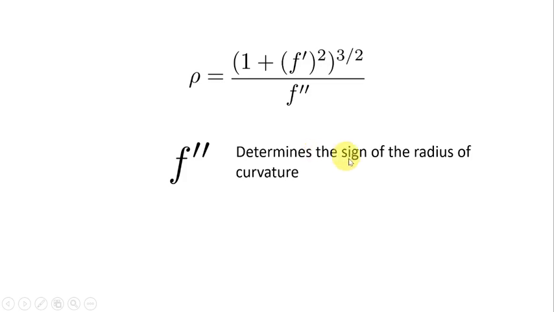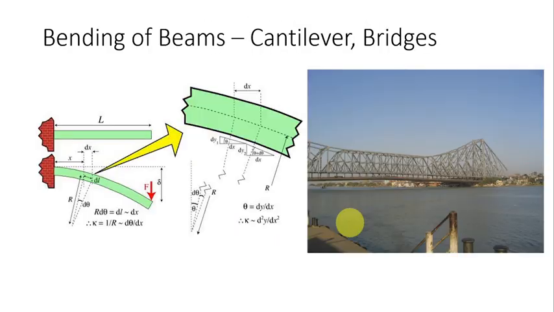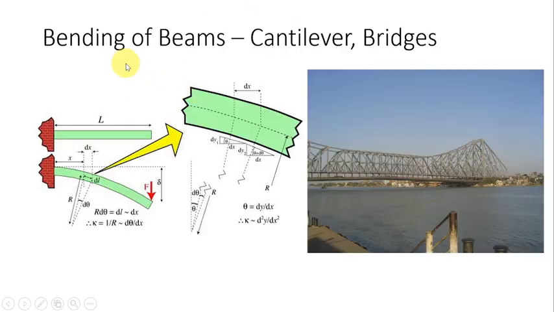To give you an example of the power of this experiment, you will be using this equation of the radius of curvature, which we derived here exactly, in studying the bending of beams or cantilever bridges.